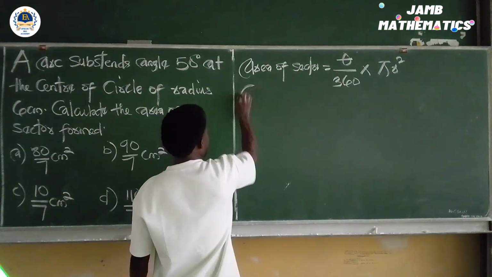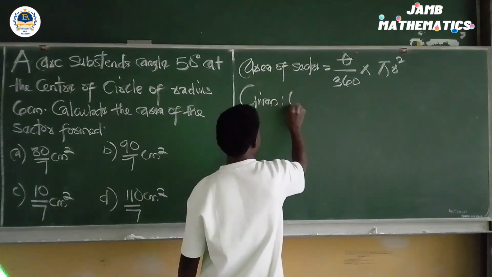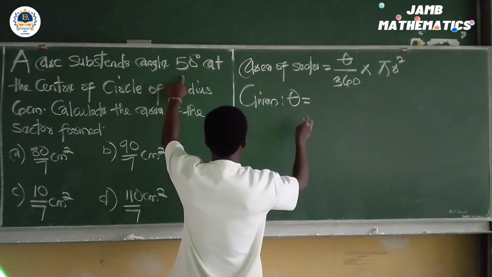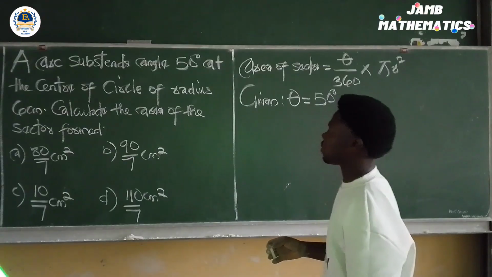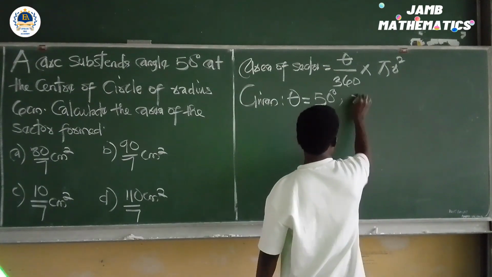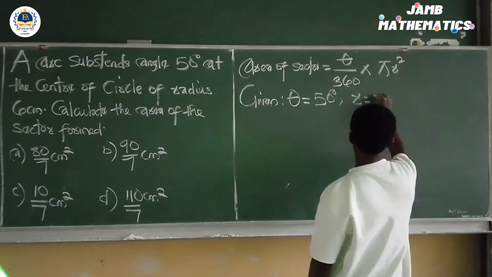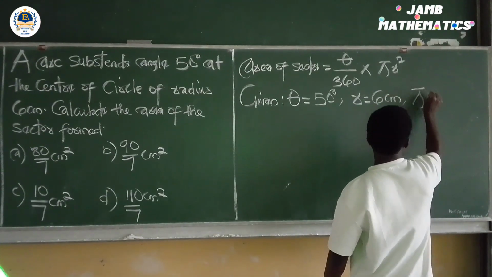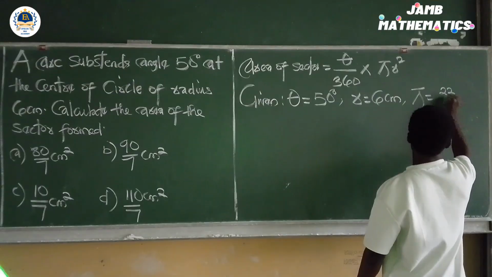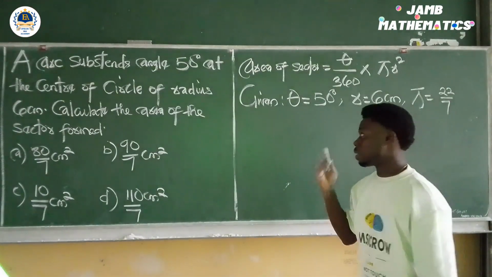So given that theta is 50 degrees and radius is 6 centimeter, and pi is given as 22/7. So we are going to substitute this into the parameters.